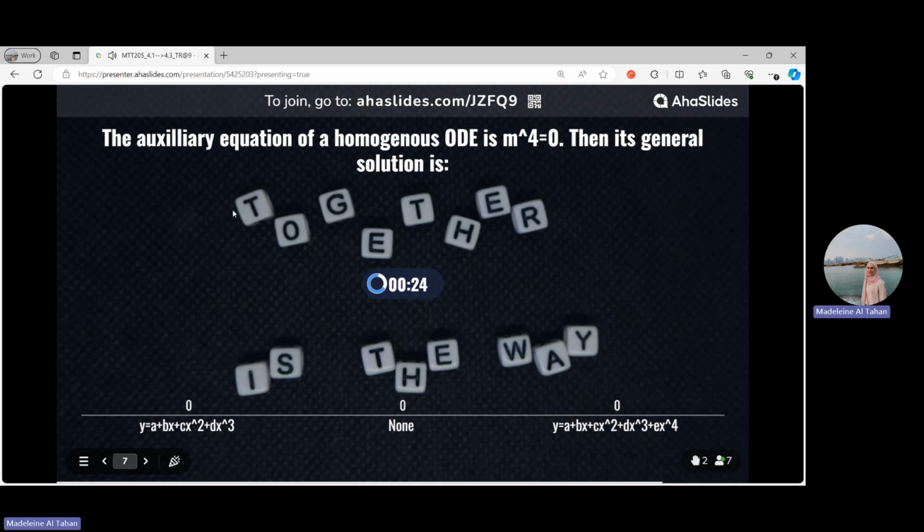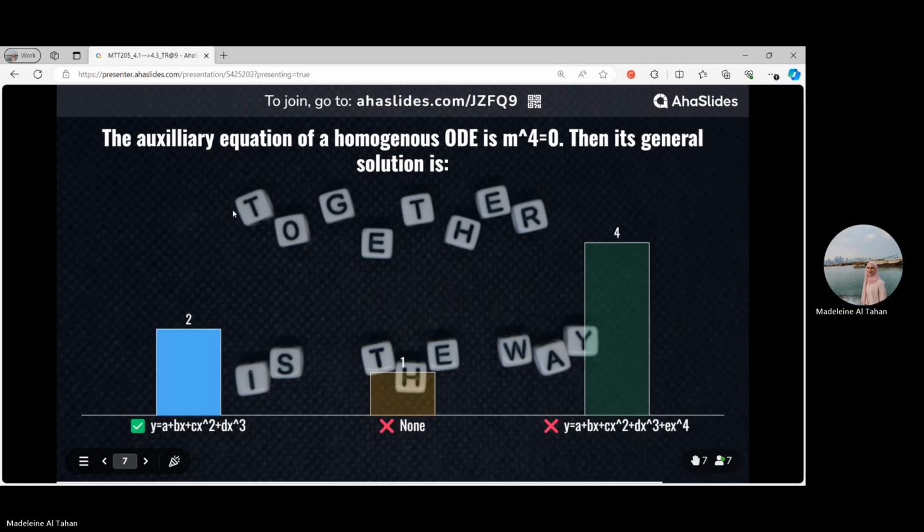The auxiliary equation of a homogeneous ODE is m to the power 4 equals 0. How many independent solutions should we have here? 4, right? Okay, so it means that m equals 0 occurs how many times? 4.